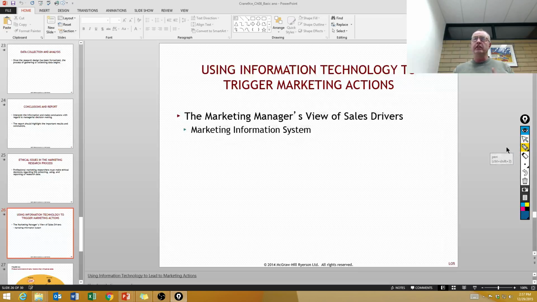This is a section that ties back to the marketing research conducted using data from social media. Okay, so really the section is about using information technology to lead to marketing decisions and actions.